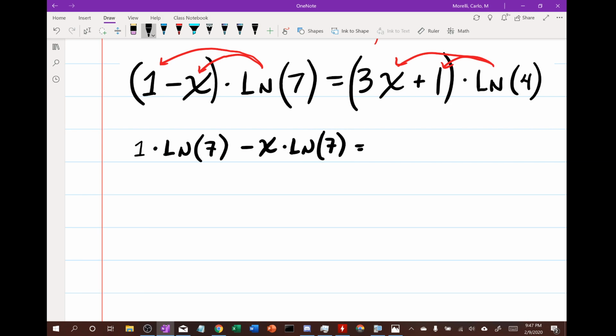And that equals 3x times the ln of 4, or times 1 times the ln of 4, plus 1 times the ln of 4.